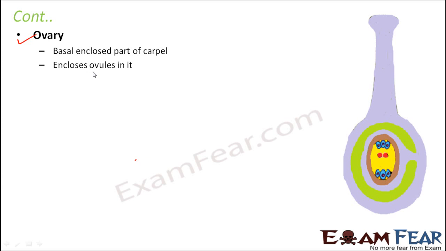Now these things which are present inside the ovary play a very important role in the process of sexual reproduction, and the ovule is one such important thing. We will talk about ovules a little later. Ovules are attached to a cushion-like structure called the placenta. So again, we came across a new term. Inside the ovary, it is not always necessary that you will have just one ovule.